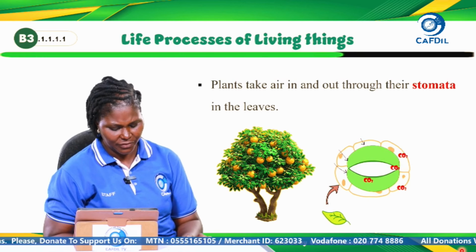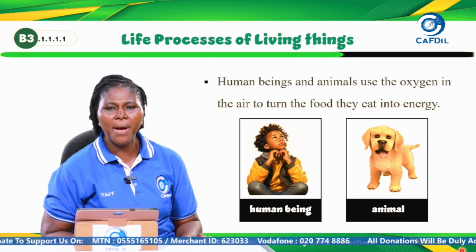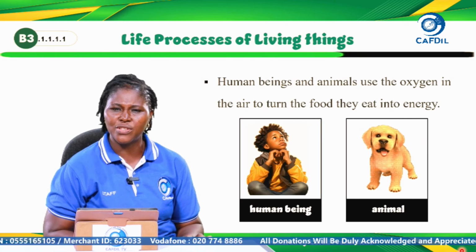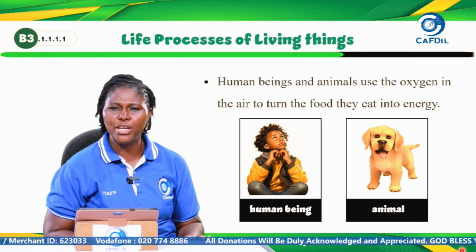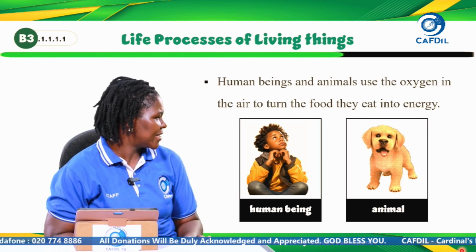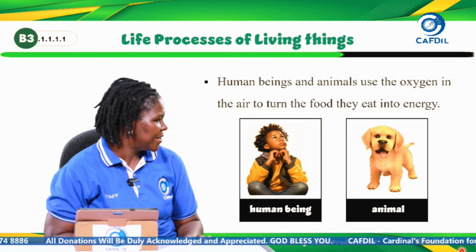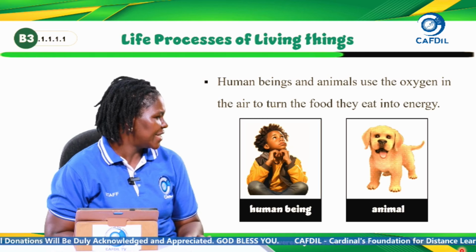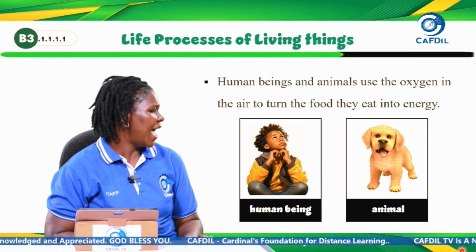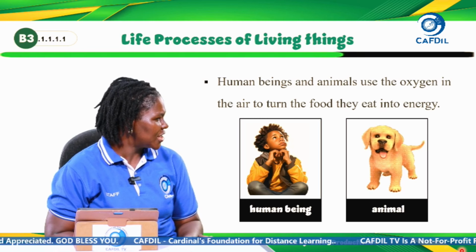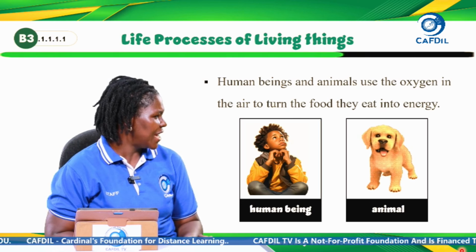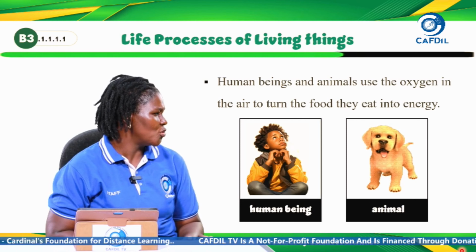Good. Let's continue. Human beings and animals use the oxygen in the air to turn the food they eat into energy. We can see the boy sitting down, a human being, and the dog standing there, an animal.